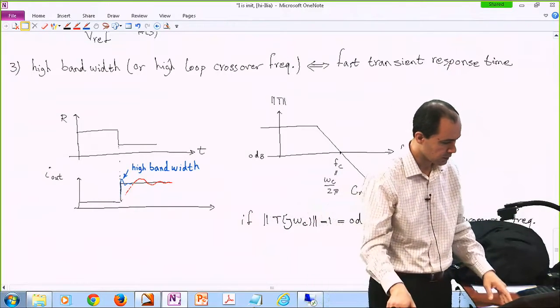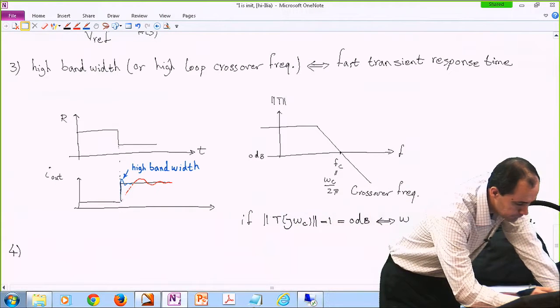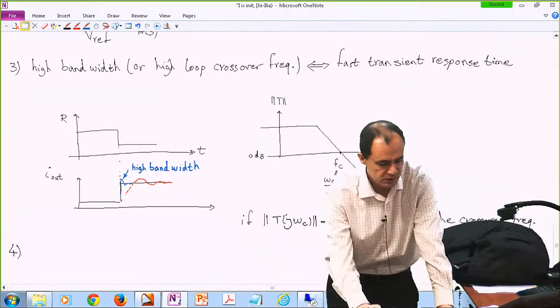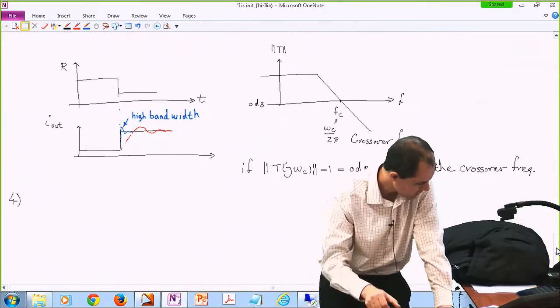Okay. So, high bandwidth. And another, again, this is not an observation. This is a kind of requirement or preference.